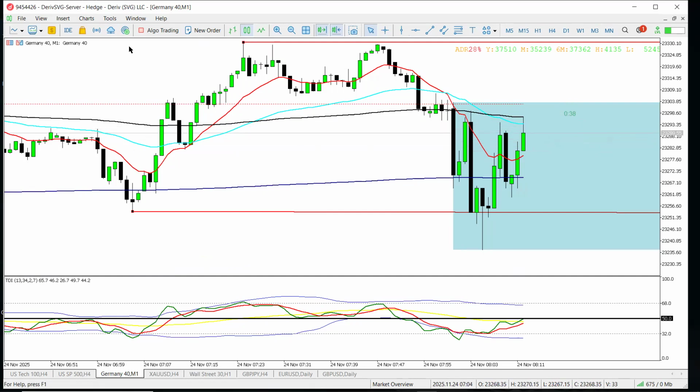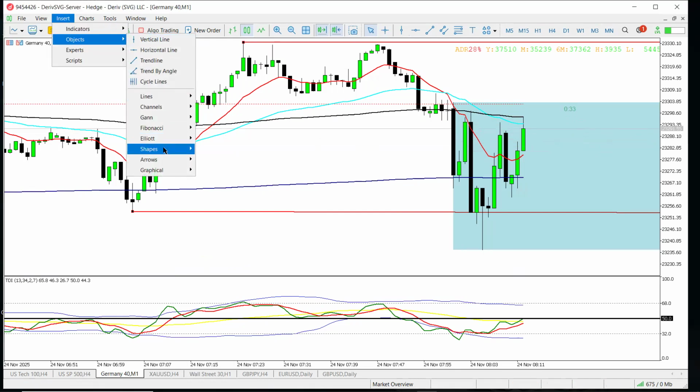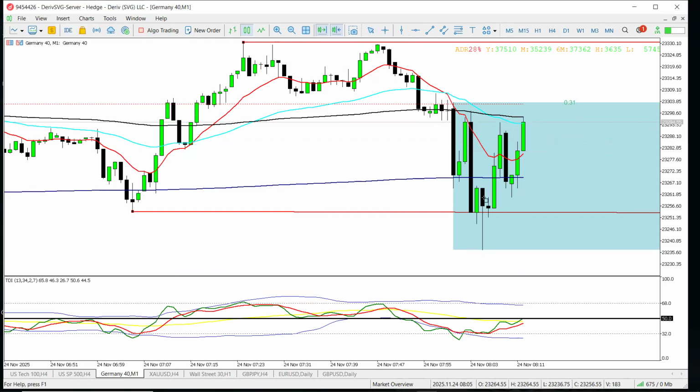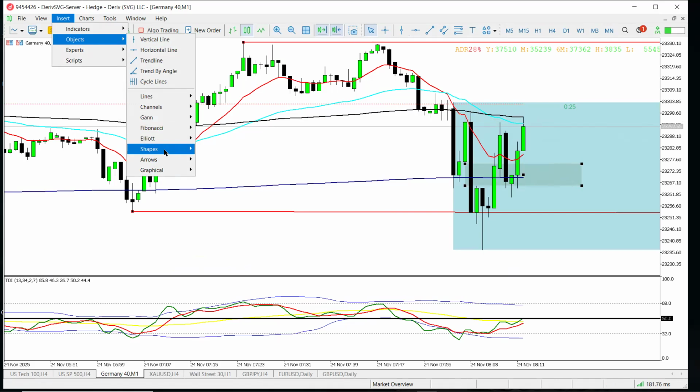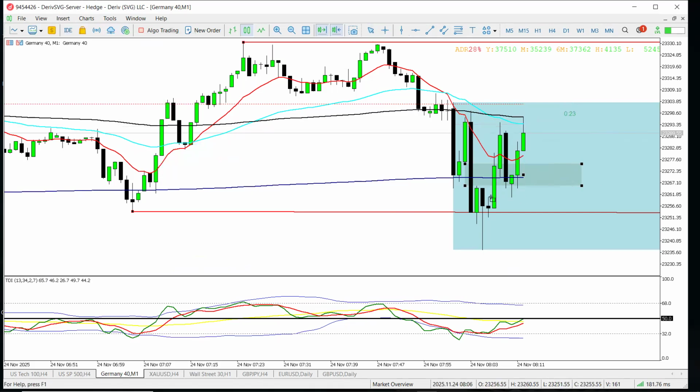I already showed you my bias. The 1 minute after this liquidity sweep, we agree there is a fair value gap here, and we also agree there is a fair value gap here. And price came and tapped both. So I'm looking forward for a push coming back up to this high here and maybe possibly a break and a retest.